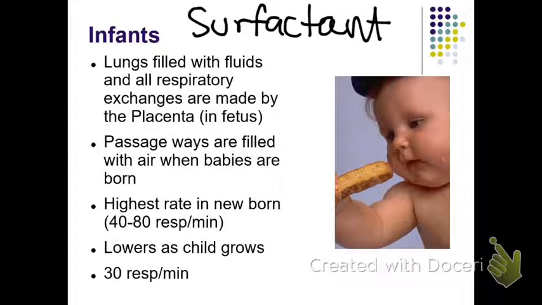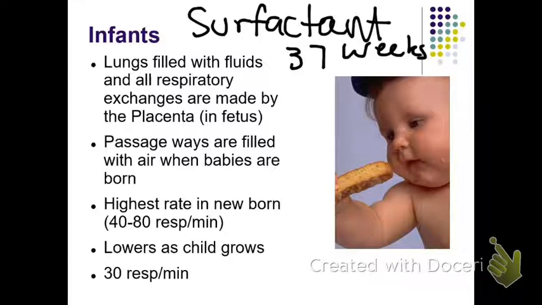The surfactant is developed at about 37 weeks gestation. The passages when the baby is in utero are filled with these respiratory fluids, and once they are born, the passageways are filled with air when the baby starts to take its first breath.